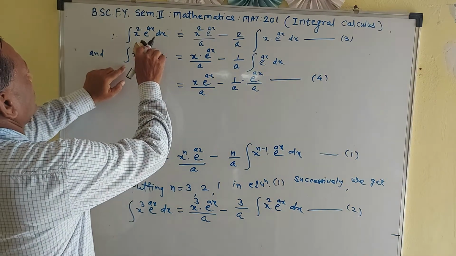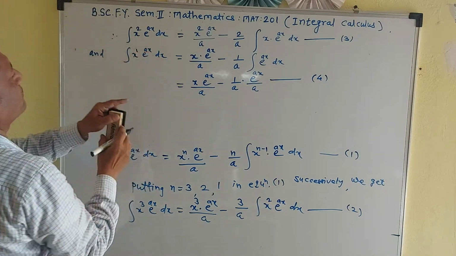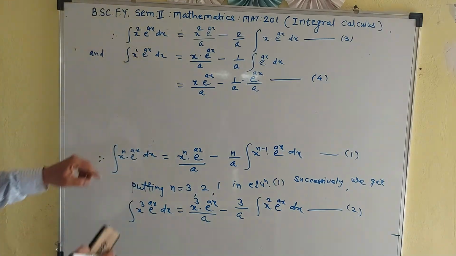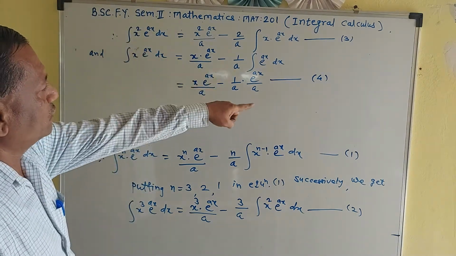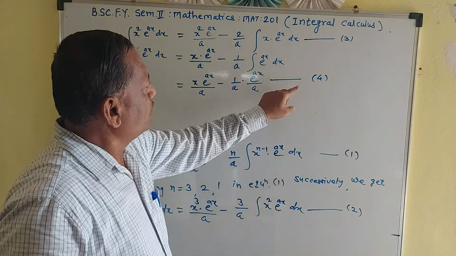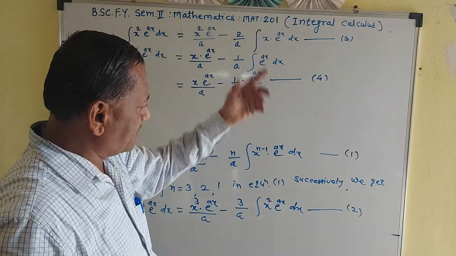Here not x², here x raised to 1. Please make a correction here: n = 1 means x e^(ax). So this is equation 4. Using 4 in 3.